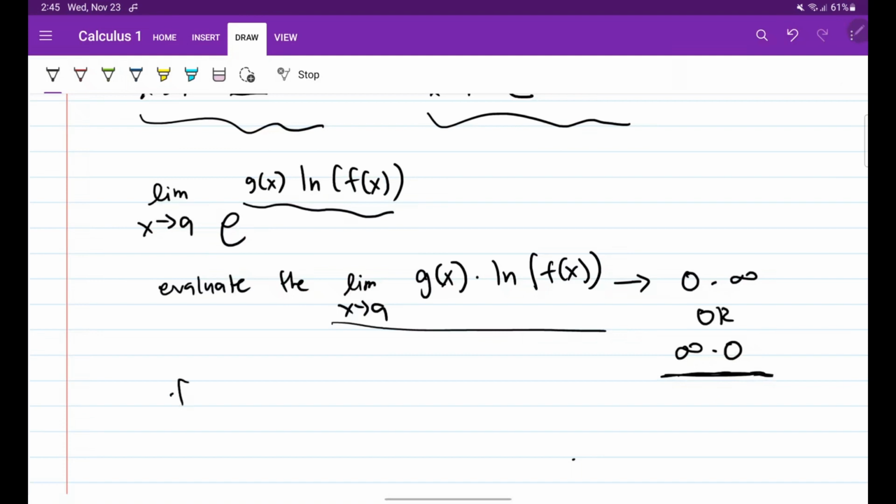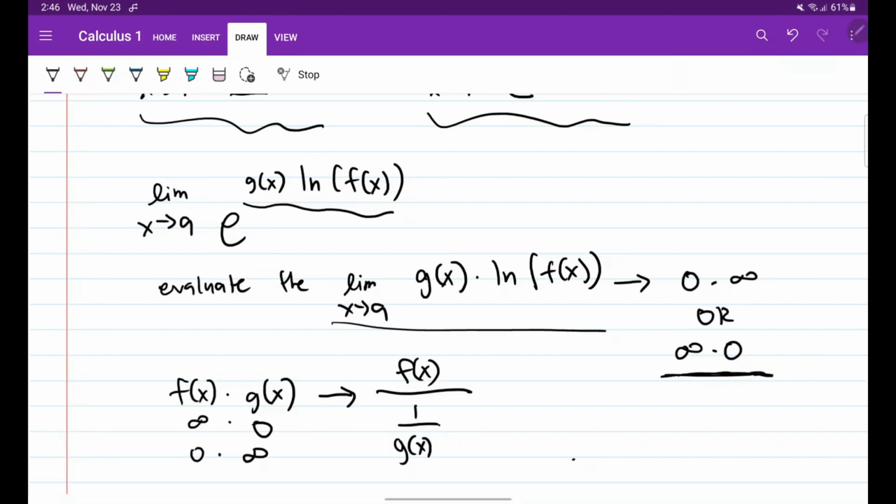Yung f of x times g of x na infinity times 0 or 0 times infinity, itatransform natin siya, di ba, into f of x all over 1 over g of x. Tama? Para magamitan natin ng L'Hopital's rule. Okay, so we can use L'Hopital's rule.